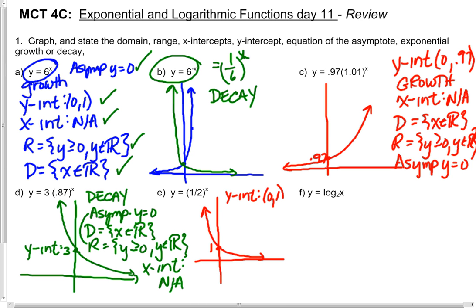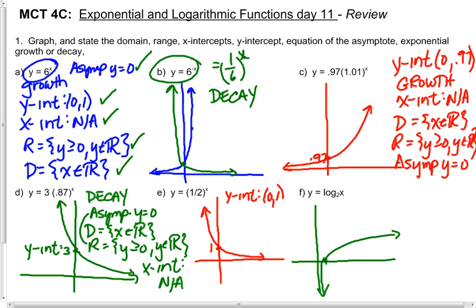Oh dear. Y equals log base 2 of x. This to me is easier to start with a graph. I remember that it's the opposite of exponential growth. It has an x-intercept of 1 instead of a y-intercept of 1. Grows as such, and so on. Things are a little different for this one.